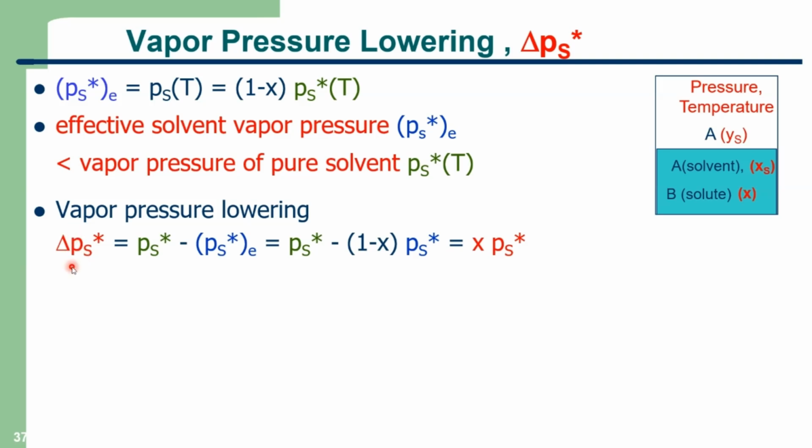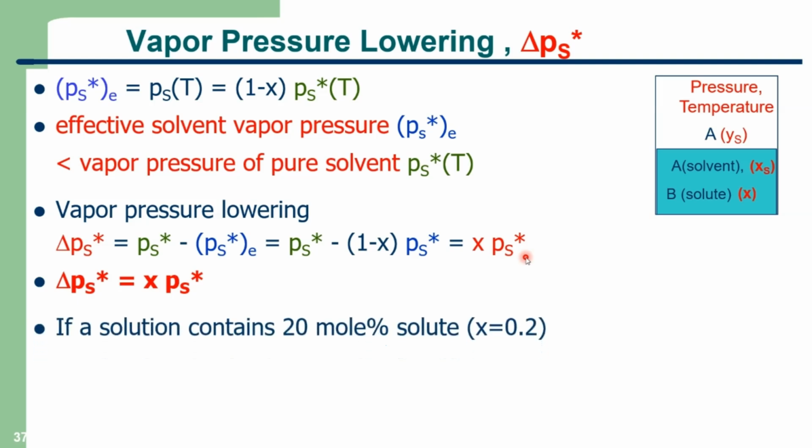The degree of lowering will be a function of X. So the more sugar I put into the water, the lower the vapor pressure I will have. So delta PS will be a function of X. Ladies and gentlemen, please remember this one: delta PS star equals X PS star. You need to remember this.